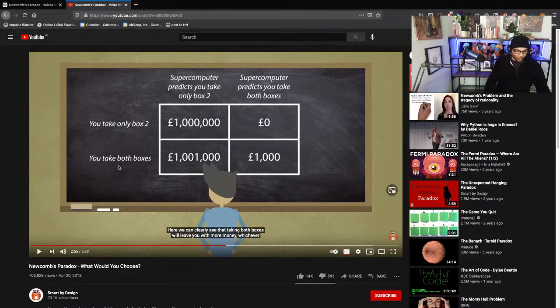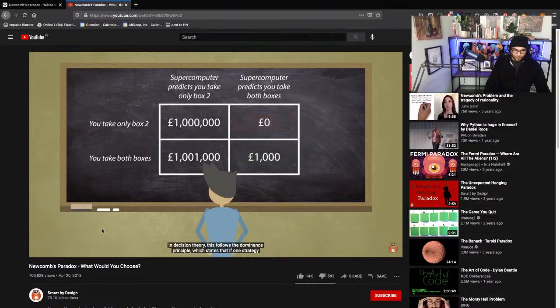So in this case, whatever I do here, it's always 1,000 more than what I do there. I see, but if I assume that the prediction is perfect, then if I only take box 2, I'm always in this region. So we've got to figure out how probability theory factors in here.